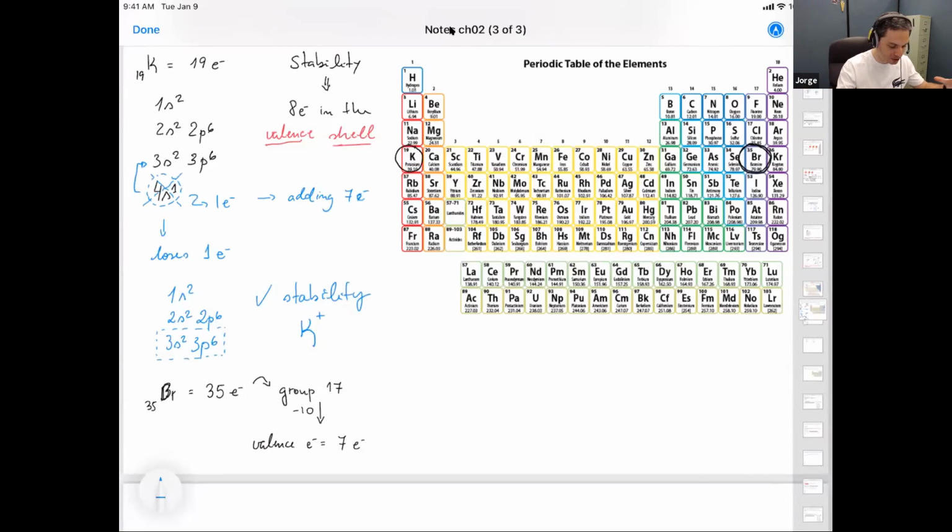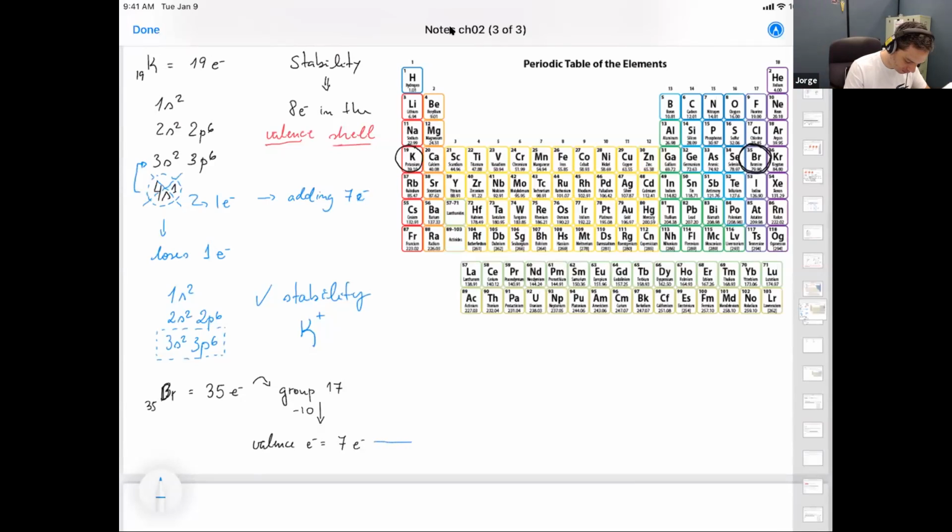So there's always 2 options. You either add electrons to complete 8 or lose all of them. Those are always the 2 options. For bromine, the easiest option is to just add 1 electron, and then we get to the noble gas configuration.